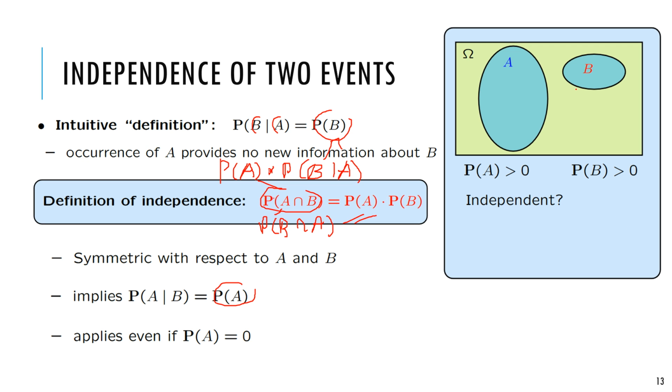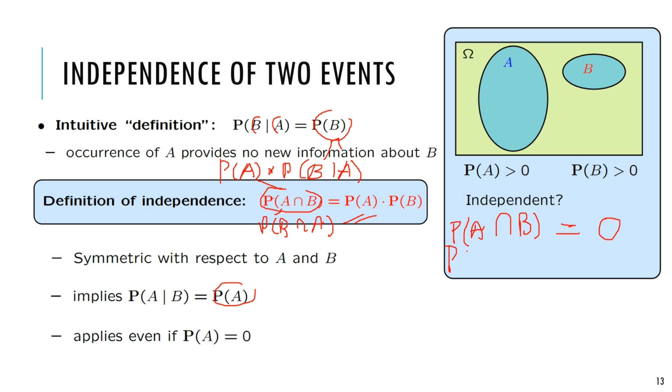So here we have two events A and B, probability of A greater than 0, probability of B greater than 0. Are A and B independent? Here we say that A and B are disjoint. It means that there are no elements that are the same for A and B. It is totally disjoint. So the probability of A and B equals 0, since it is disjoint.